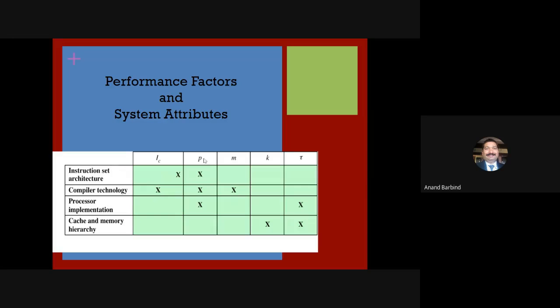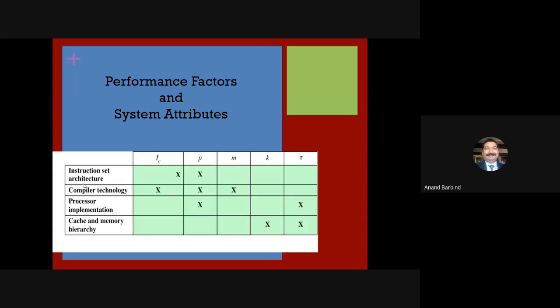Then P is the parameter, that is how many cycles are required, or what is the time required for decoding and execution of the instruction. That depends on the architecture of that particular processor. If the architecture of the processor is efficient and simple, then this particular time required is less.